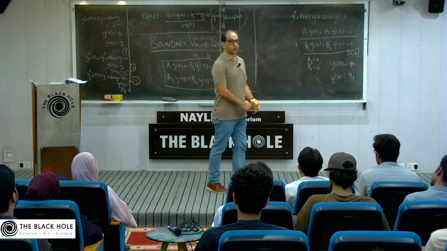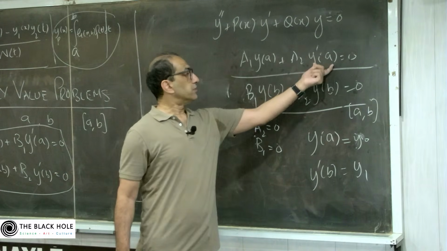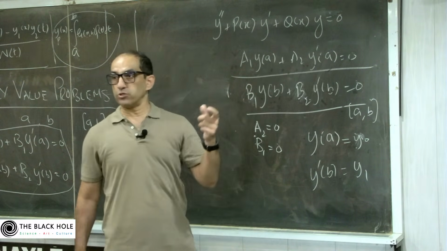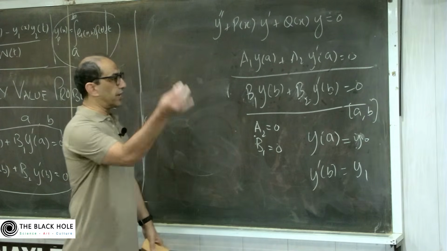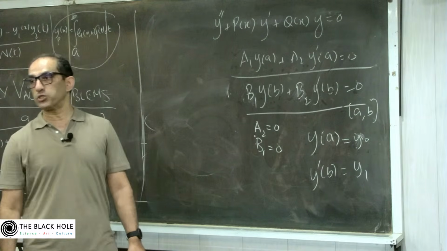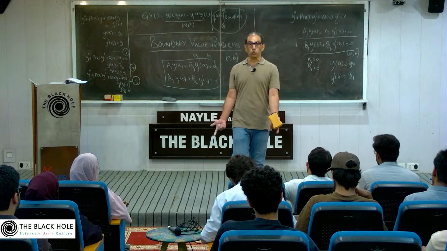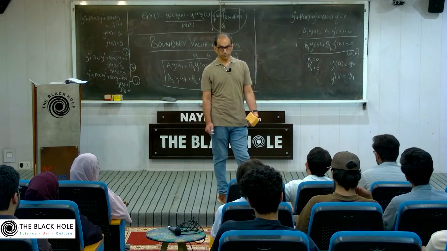This is what Pravesa was mentioning. Once you say everything is non-zero, then you are saying y of a, y dash of a, y of b, y dash of b, so you are giving four conditions. That can be possible, but for a second order differential equation, you ought to give two conditions, right?